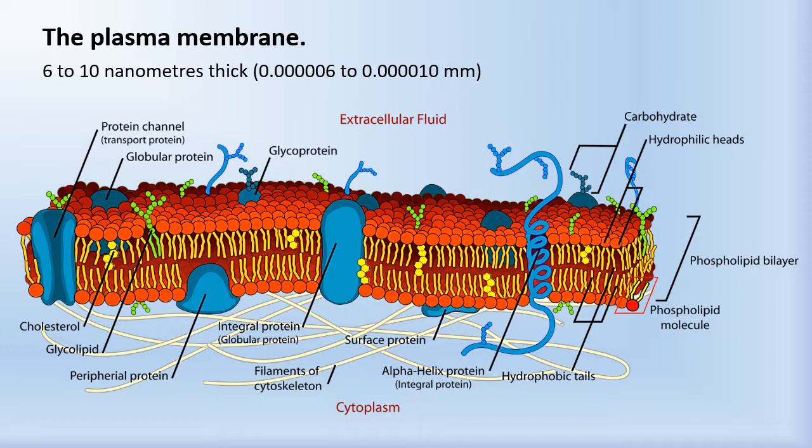Integral proteins have a hydrophobic, in other words, lipophilic, and a hydrophilic region, so that they can either fully cross the membrane, as in transmembrane proteins, or insert partway into the membrane.